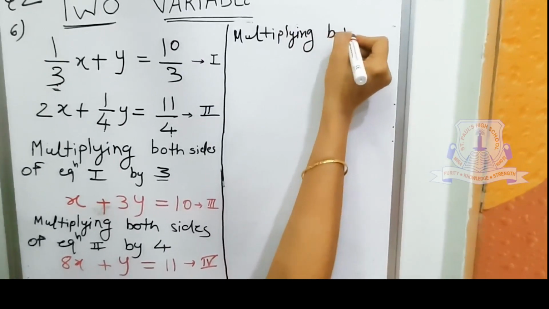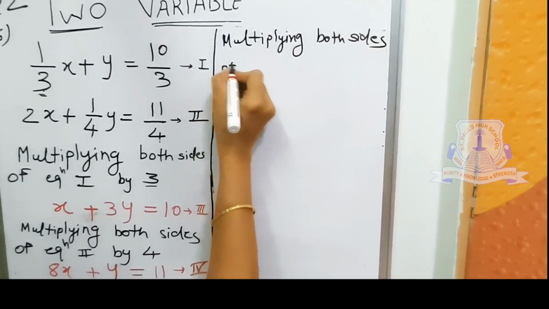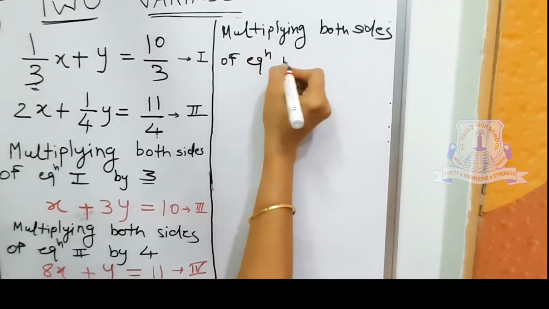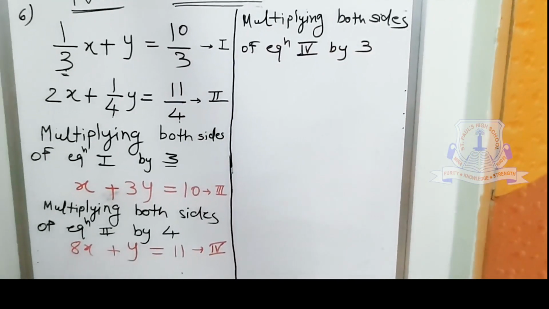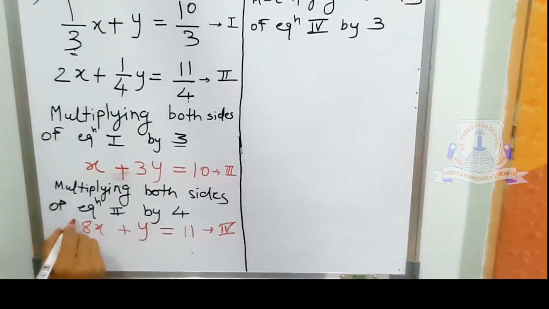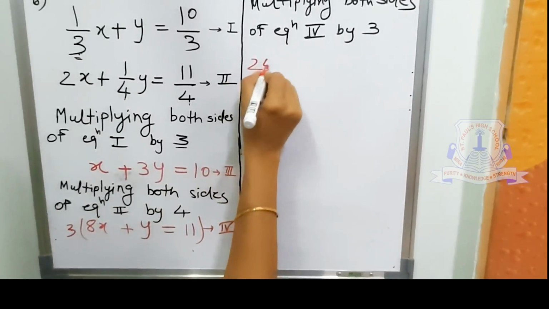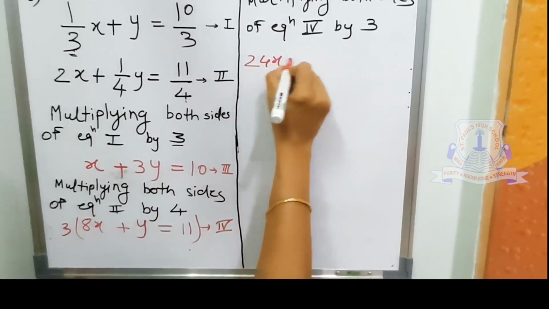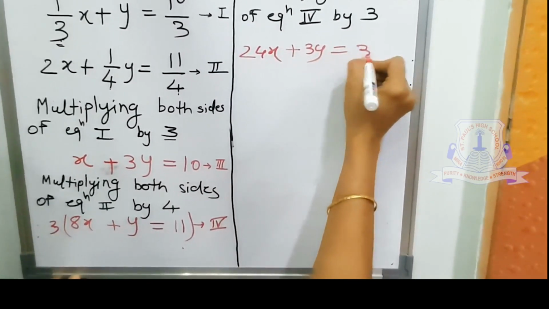Multiplying both sides of equation 4 by 3. So the new equation I will get, here I am multiplying by 3. So I will get 3 into 8, 24x plus 3y equal to 33.